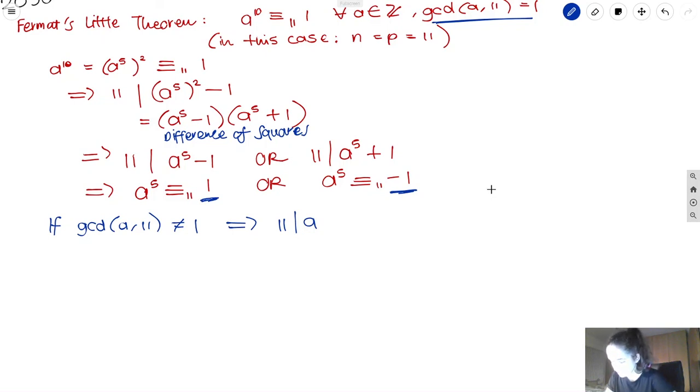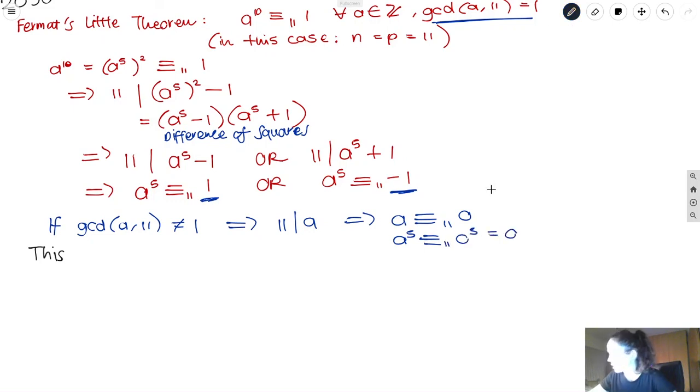Okay, so now we have all the options. This means, let's rewrite this in modular arithmetic as well. So a mod 11 will be equal to 0, which means a to the power of 5 is going to be 0 to the power of 5, which is equal to 0.